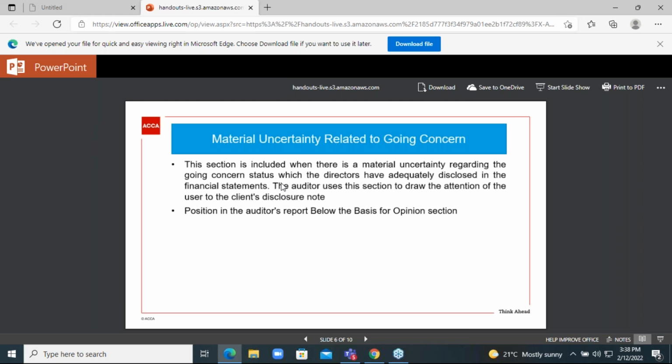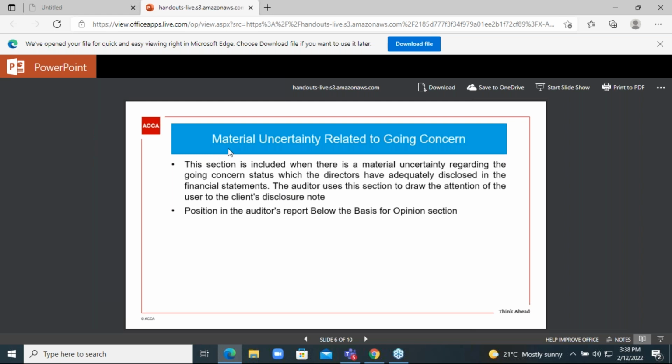So to protect ourselves, to protect our reputation, we will also disclose this important fact in our audit report. Although this material uncertainty paragraph has been disclosed by the management, we are also going to disclose it.